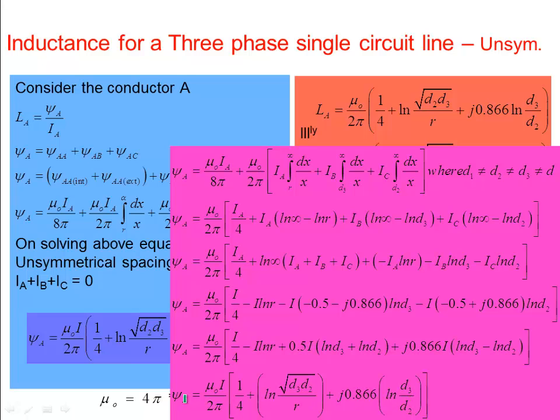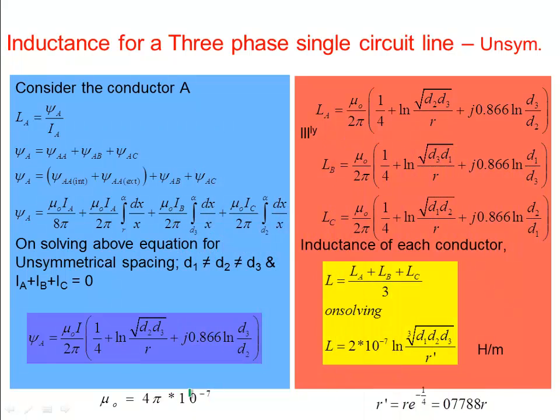So this is for the magnetic flux linkage on conductor A in section 1, that means the part 1 portion. In the same way, we have to calculate the magnetic flux linkage for the three portions, section 1, section 2, section 3. If we do that, then we will get the final equation like this.